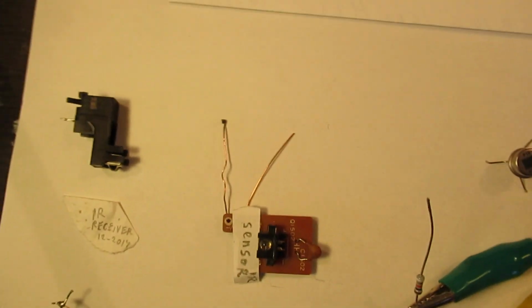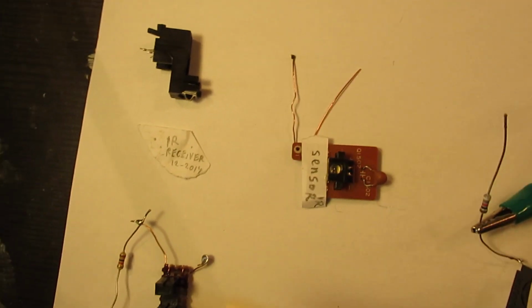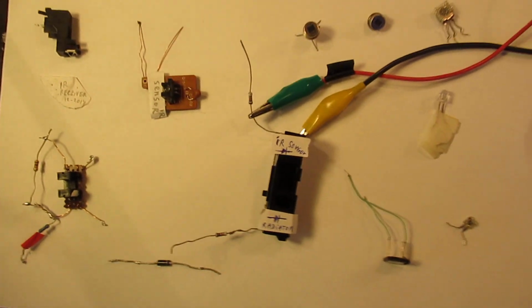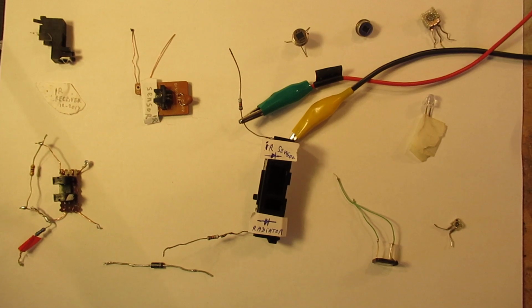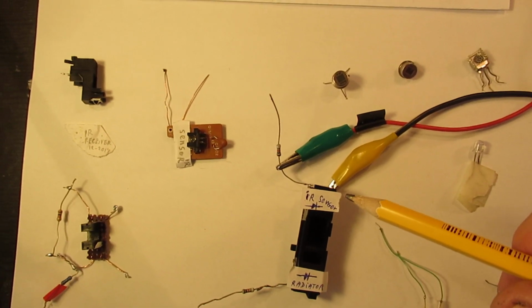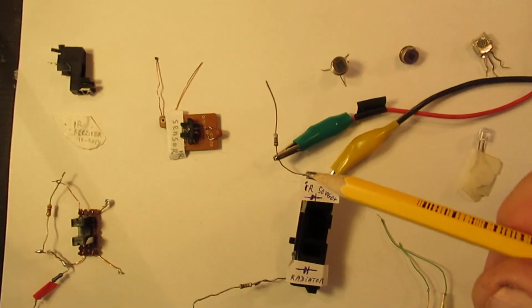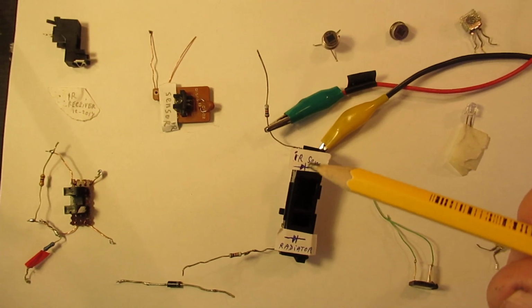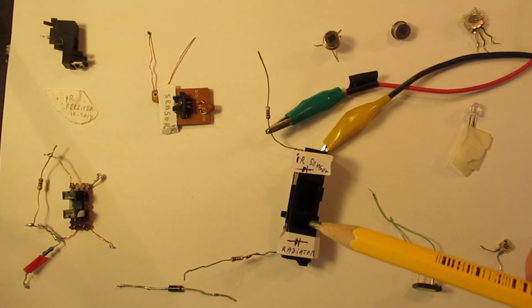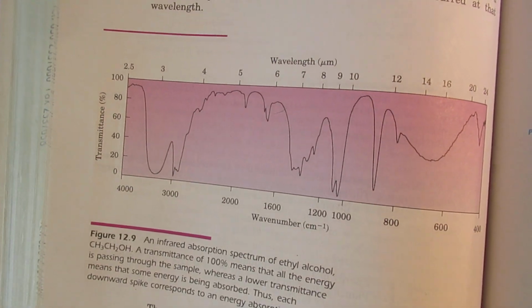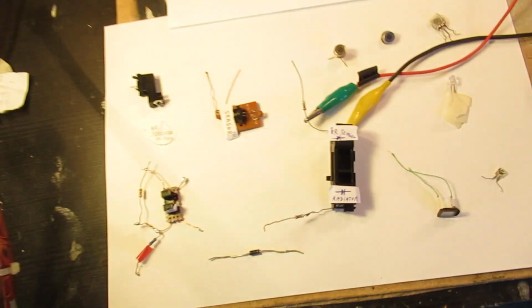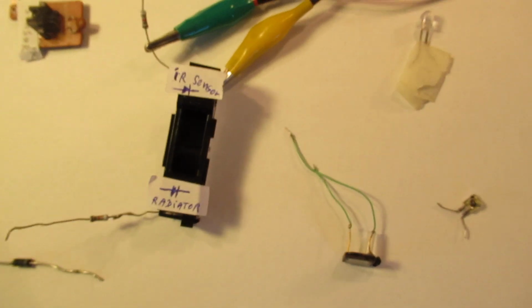And I'm more or less sure that all these radiators here only send out a certain frequency. So to get that sweep will not be possible with this setup, but anyway.